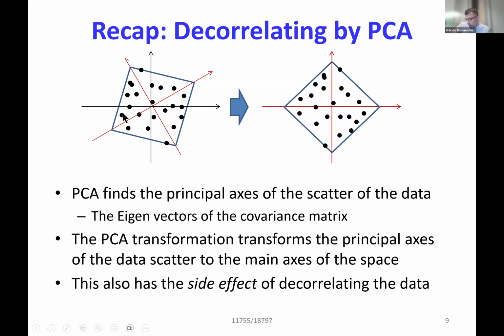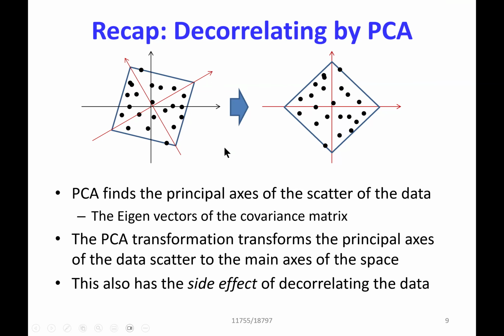And so the eigenvectors of the covariance matrix are going to give you the directions of the most variance. And what principal component analysis does is to find these directions, and it rotates the space so that these major and minor axes of my covariance matrix now become the new axes. And this rotates the data.